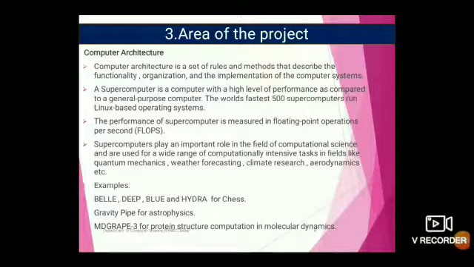Supercomputers play an important role in the fields of computational science, quantum mechanics, etc. Some examples of supercomputers are Belle, Deep Blue, and Hydra, which are for chess, and GRAPE for astrophysics, etc.